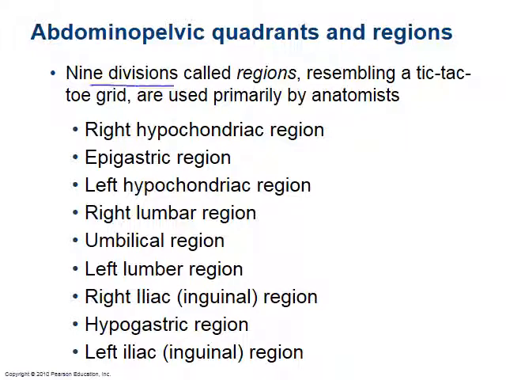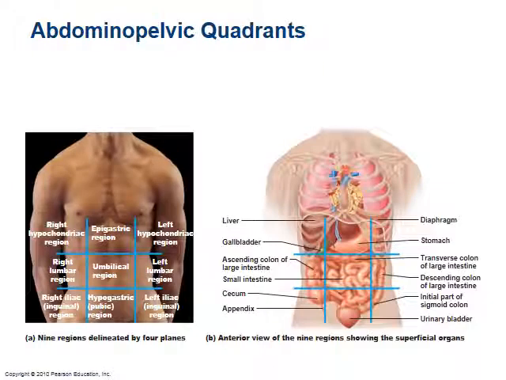There are 9 other divisions if you want to be more specific, and these are used by anatomists. They're used in surgery. And here's an example of the 9 quadrants. I do not require my students to know the 9 quadrants, but you do need to know the 4 and know which organs would be in each of the 4.